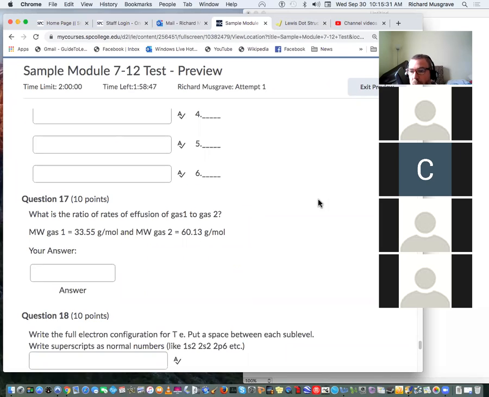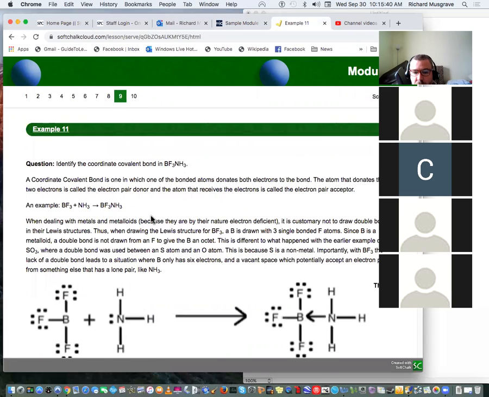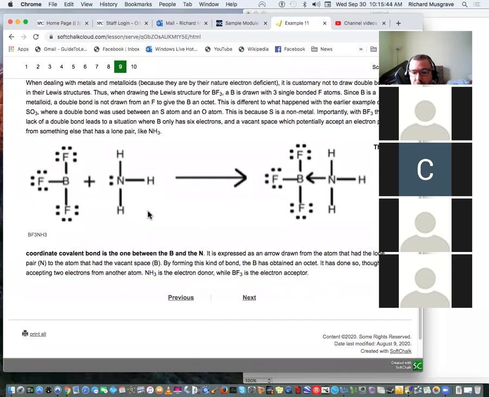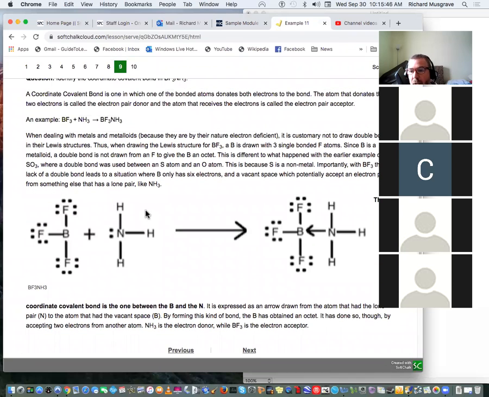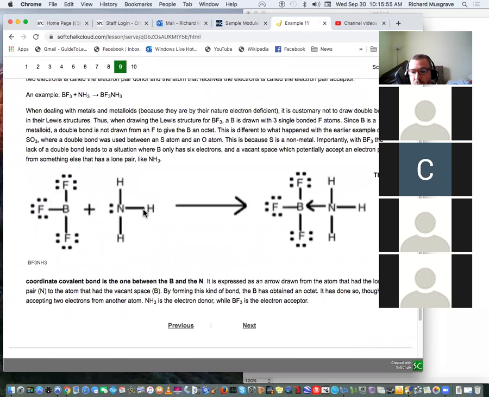No, but the homework will. I've included something like that in the SoftChalk, so you can read about it there. Yes, it's only in the homework, but there's nothing on the test about it. But I do have a section in the SoftChalk that relates to it. It's pretty easy.